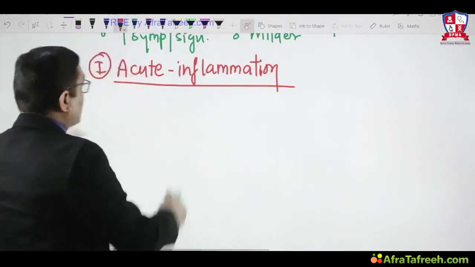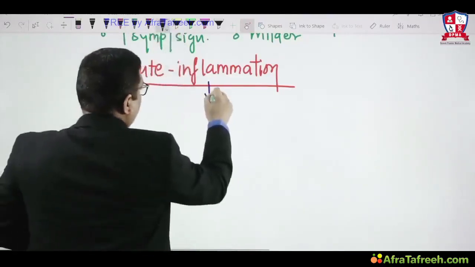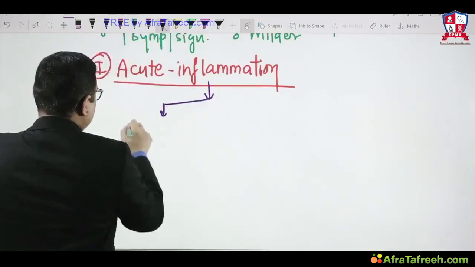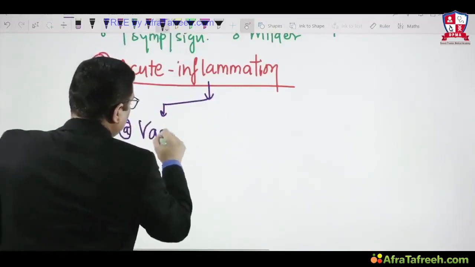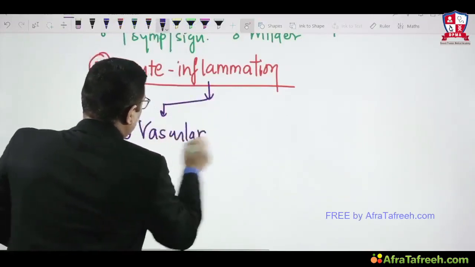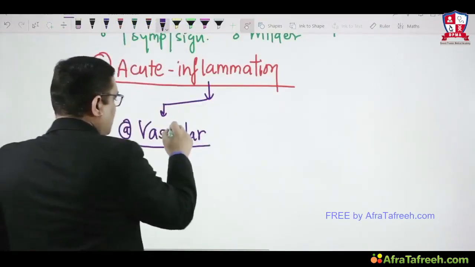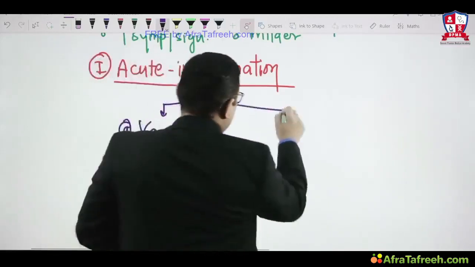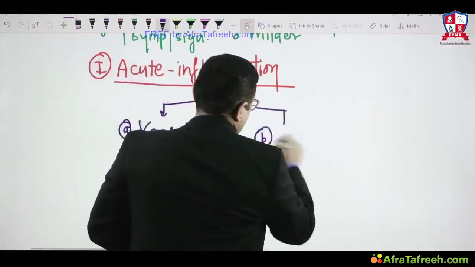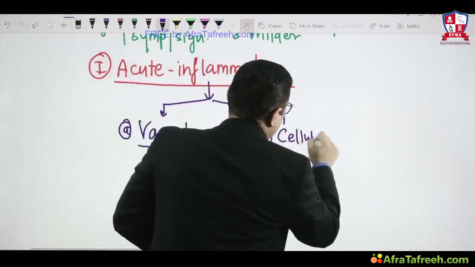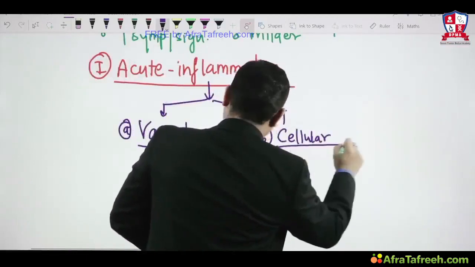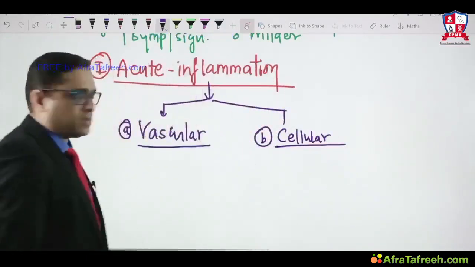First, the vascular events, and then we will discuss the cellular events.